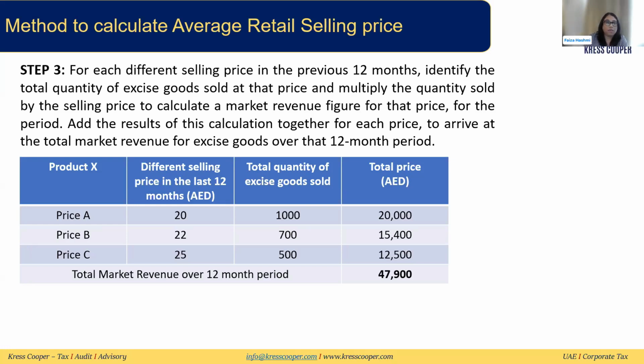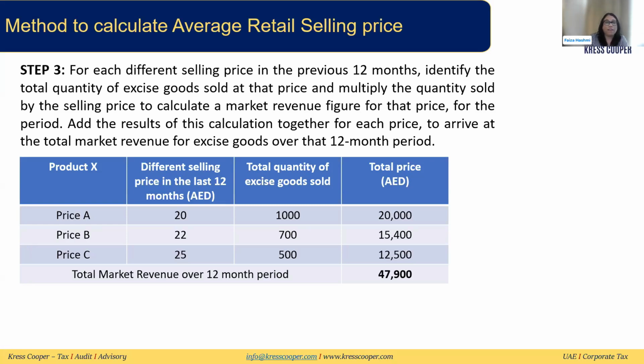So let's take this example. In the same example, the different selling prices in the previous 12 months, which we identified in step one for product X, are 20, 22, and 25. These are the different selling prices at the retailers in the last 12 months. Now we need to identify the total quantity of the excise goods sold at each price.